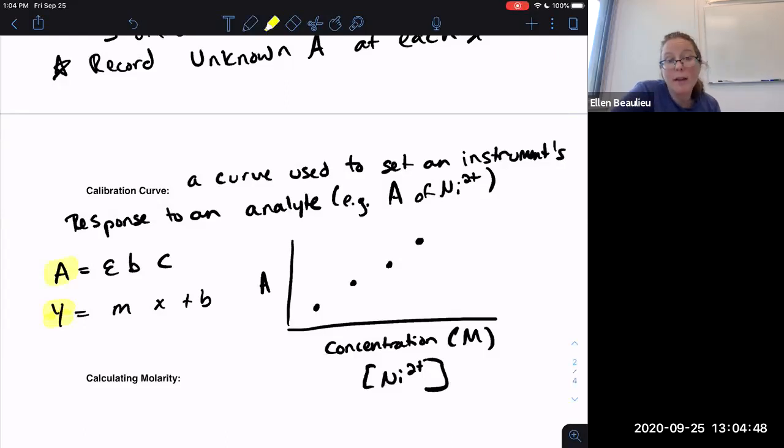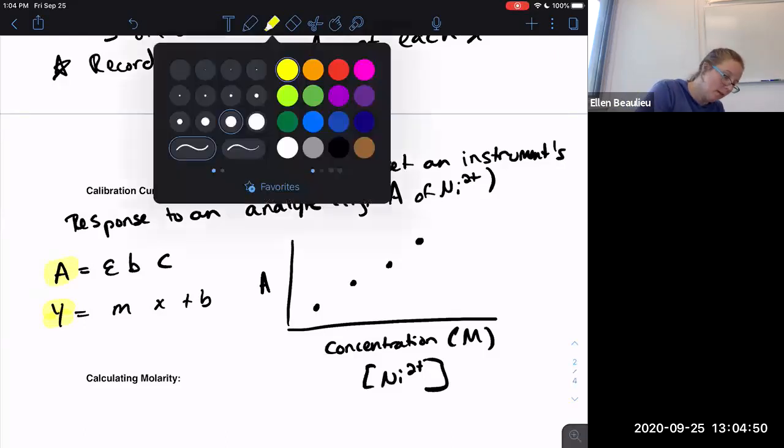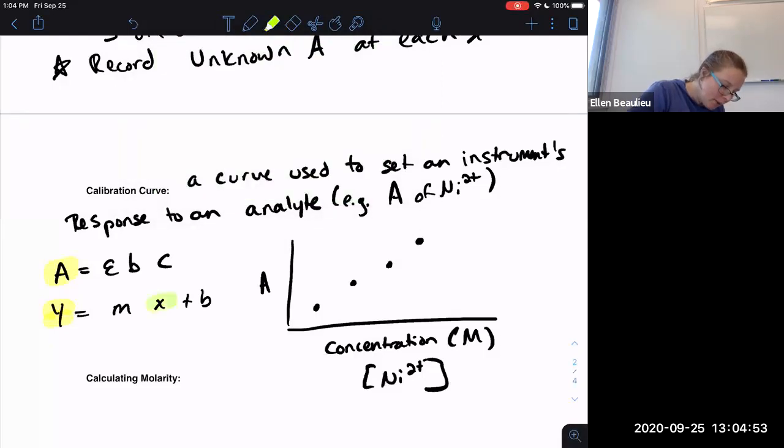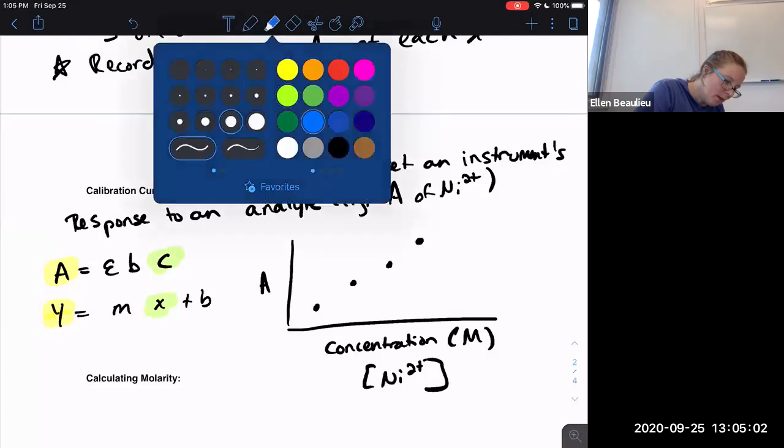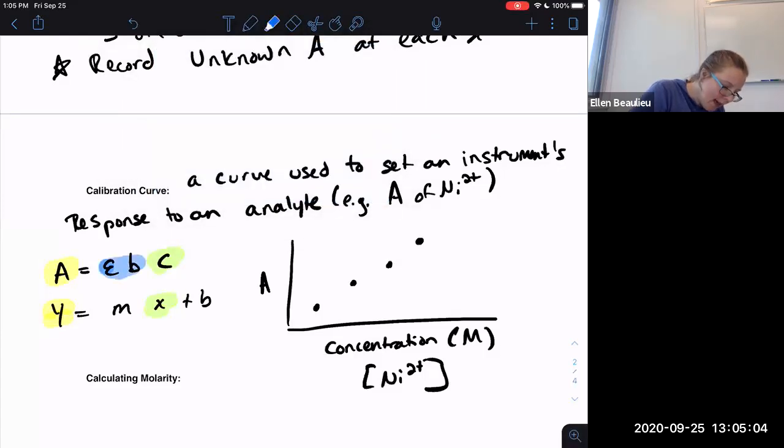So when you plot the Y value as absorbance, your X value is concentration. Your M, the slope of that line, is actually epsilon times beta. So your epsilon and your beta should be, or sorry, not beta, epsilon B. Your epsilon, your molar absorptivity constant, your path length, those should stay constant for a given wavelength.